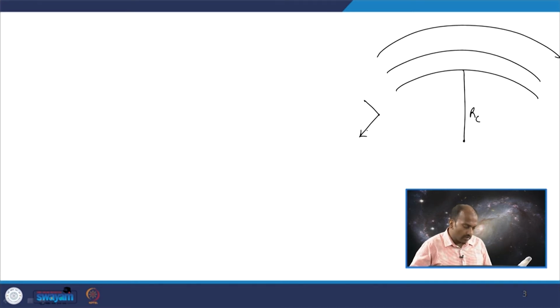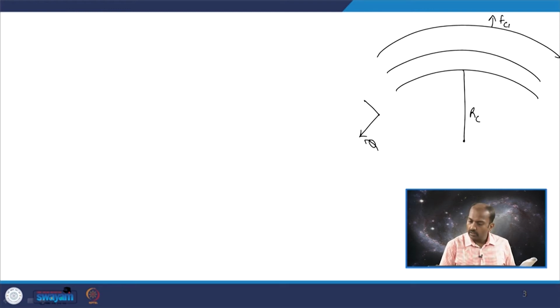This is the phi direction, the phi cap. The magnetic field is directed in the phi cap direction, and the centrifugal force is going like this, and this direction is the r cap. We take the field such that it decreases with r. So, if you go further apart, the magnetic field lines will be placed farther away, right.